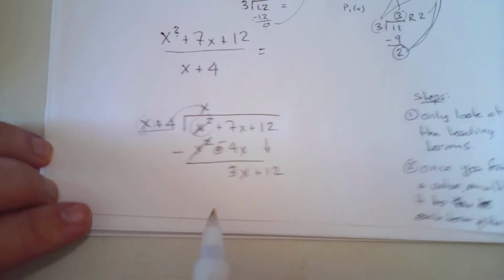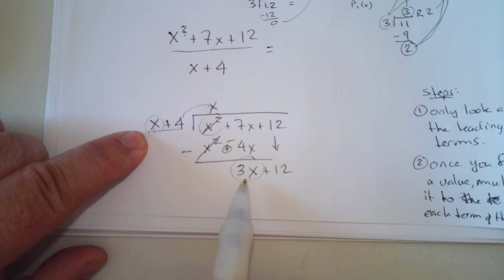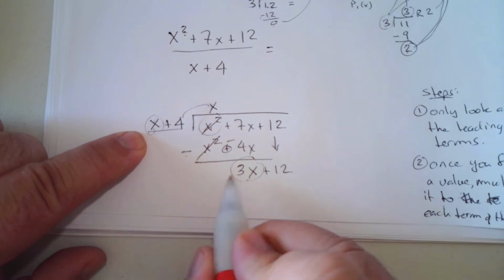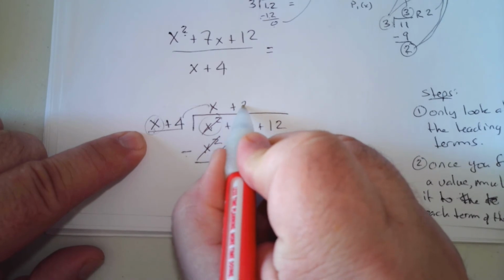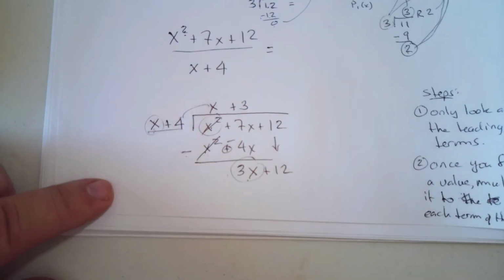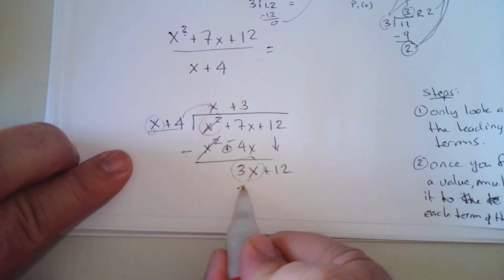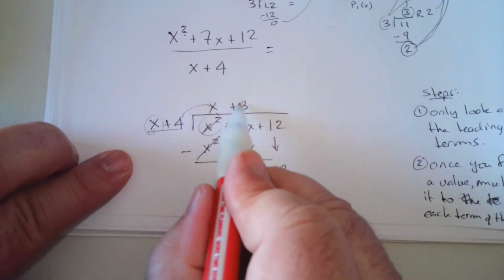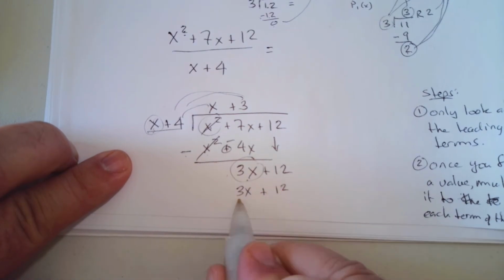Repeat the process. Look at the leading terms. What times x gives me 3x, or positive 3x? So it's a positive 3. So 3 times x is 3x. 3 times 4 is 12.